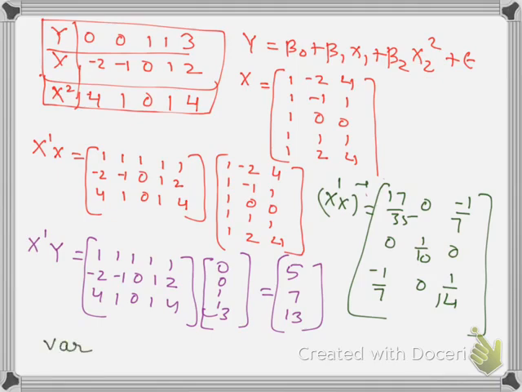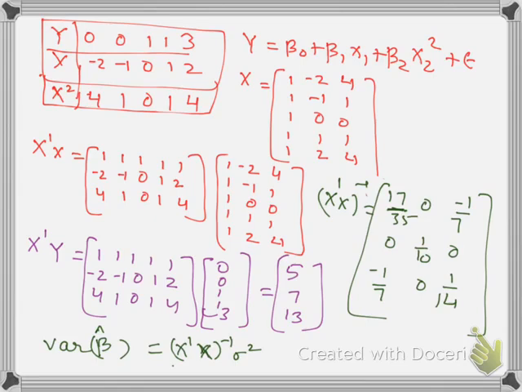Recall, variance of beta hat is equal to x transpose x inverse sigma square. So when I say variance, what I mean is this is the variance covariance matrix, right? This is the coefficient for variance of beta naught, this is the coefficient for variance of beta 1, and this is the coefficient for variance of beta 2 hat.